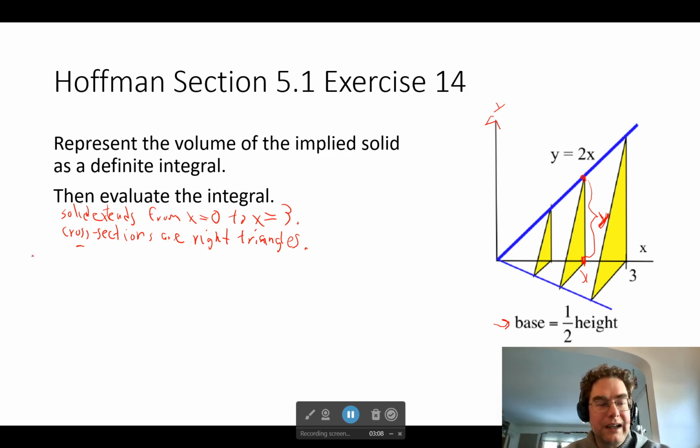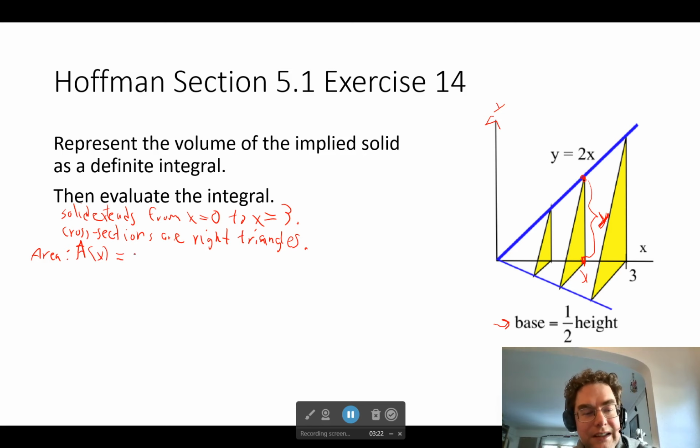So for the area of a cross section, we've got A of x, since those cross sections vary with x. A of x is going to be 1/2 base times height. At x, our height is going to be 2x and our base is going to be x.